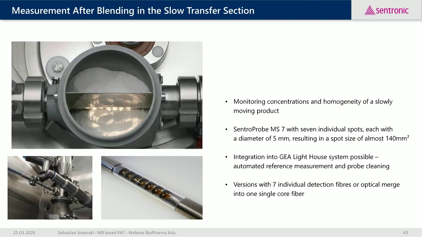For these installations with the slow throughput, we developed a 7-spot probe with each individual measurement spot having a diameter of 5 millimeters, so the time to unit dose equivalent is reduced by a factor of 7 for this type of installation.